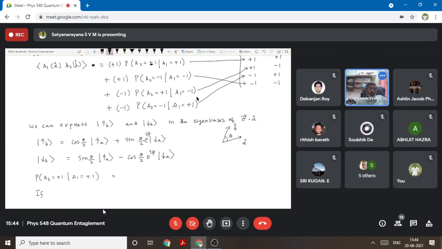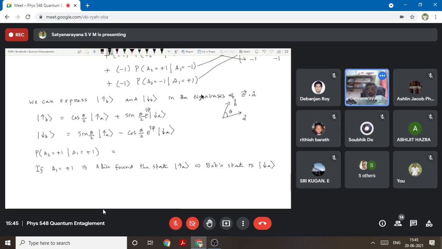If A1 is equal to plus 1, that implies Alice found the state as up A. Then that implies Bob's state is down A. But when you measure B, it can be up B or down B. The state is down A, but I want it to be up B. So I take up B and down A, and then take the modulus square.